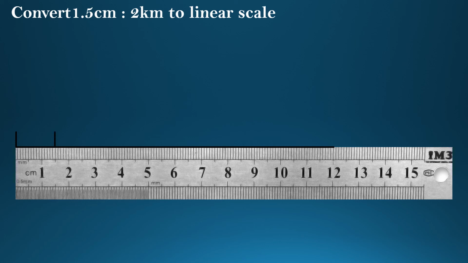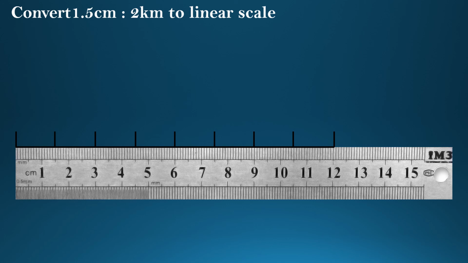So we have here 1.5, 3, 4.5, 6, 7.5, 9, 10.5, 12. All right. So we managed to accomplish all of that by marking off 1.5 centimeters each time going up along our line, right?